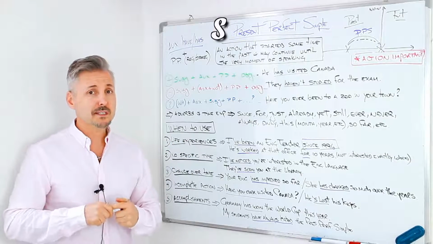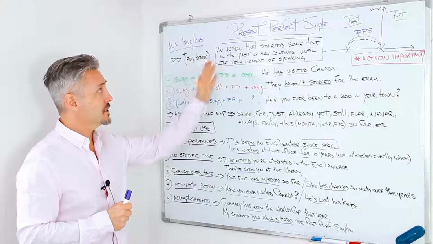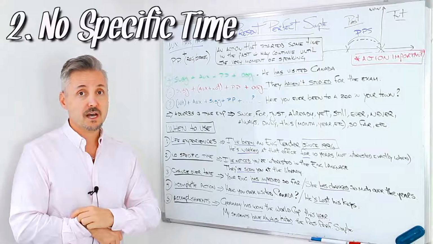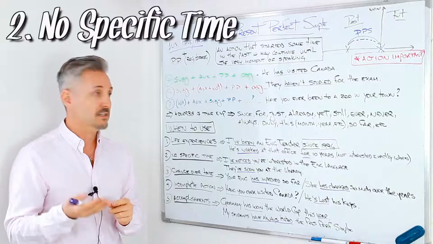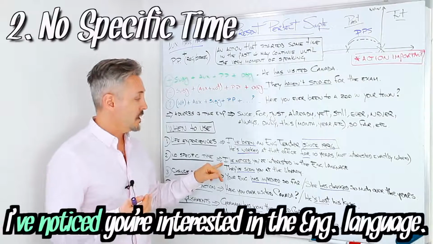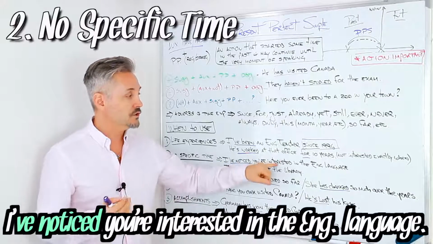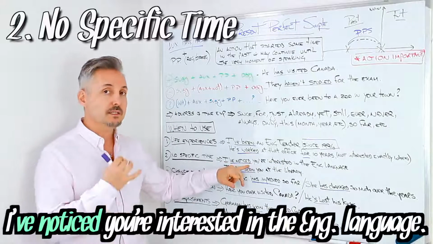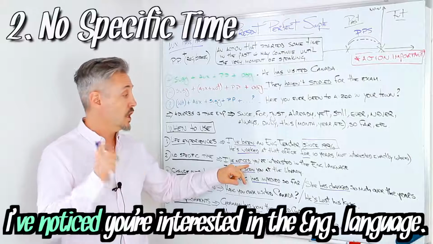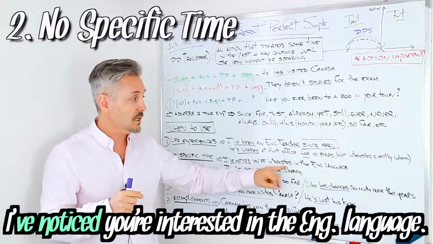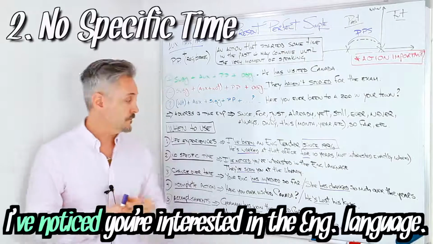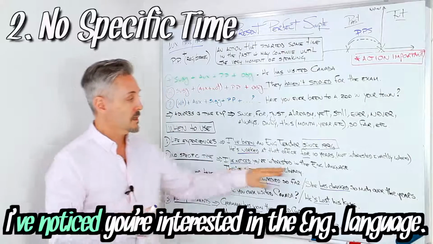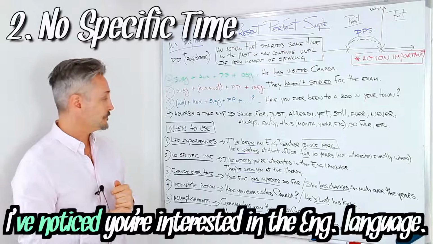The second point: we use the present perfect simple with no specific time, when you don't indicate the time. So for example, I've noticed you're interested in the English language. I've noticed, this is what is important. So right there, I've noticed is the most important part of the sentence.